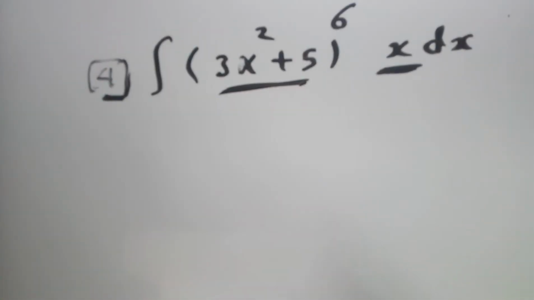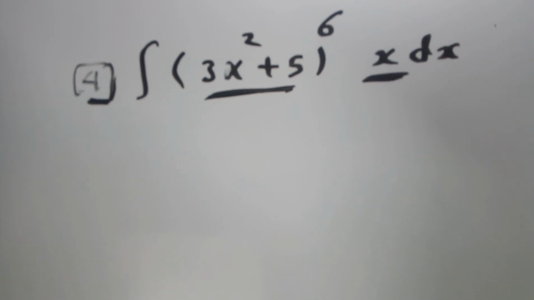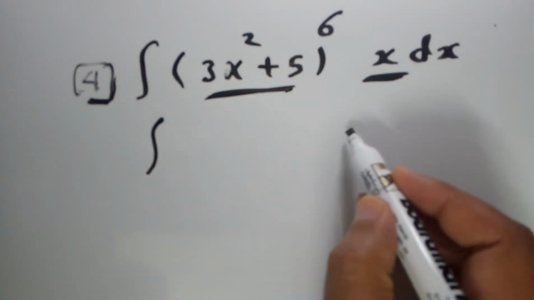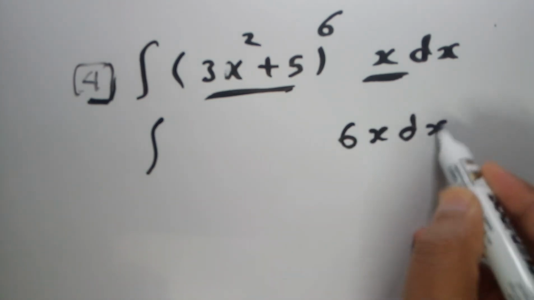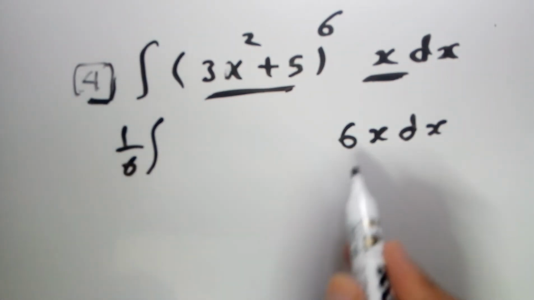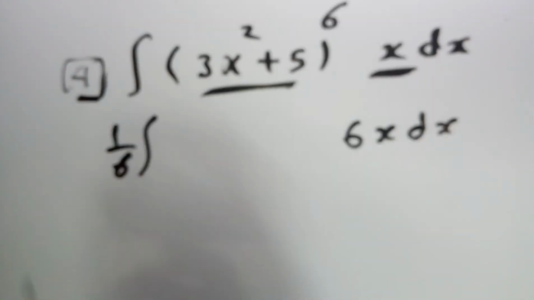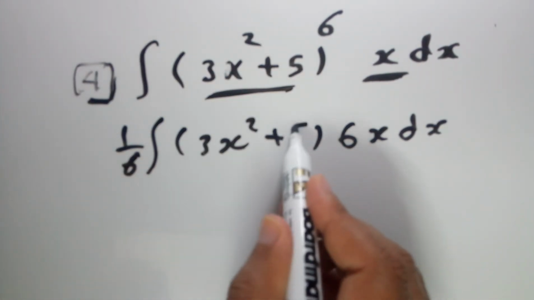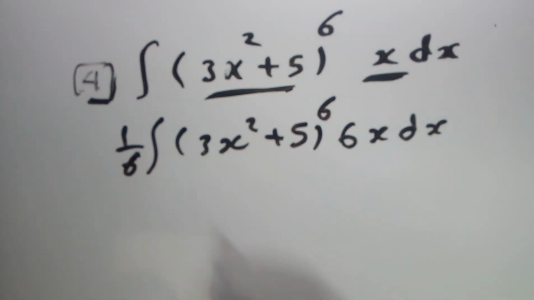Then you will multiply by 6 and divide by 6. Then 6 divided by 6 will be 1, multiplied by 3x squared plus 5 all to the power 6.